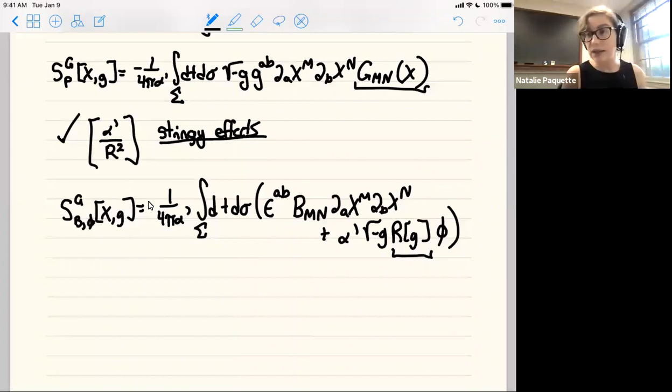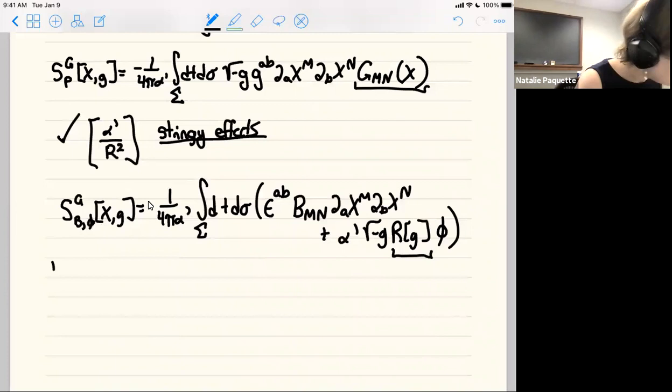Phi is some target space scalar called the dilaton, and B_MN is a 2-index anti-symmetric tensor field, and that is the B field. And notice right away that the B field term has no dependence on the worldsheet auxiliary metric little g. So already it's a topological term in the worldsheet field theory. And in fact, what you want to do as a person of taste and culture is write it in differential form language.